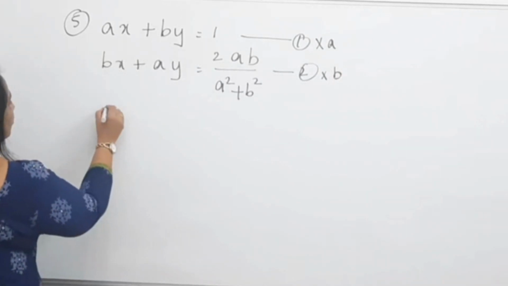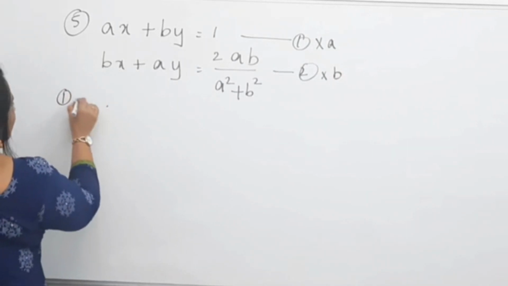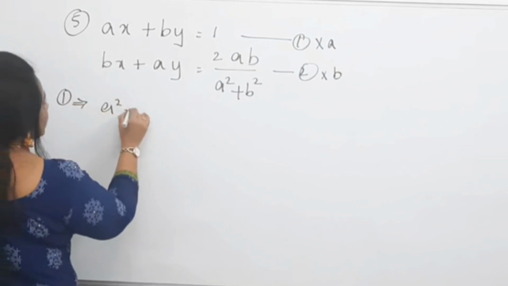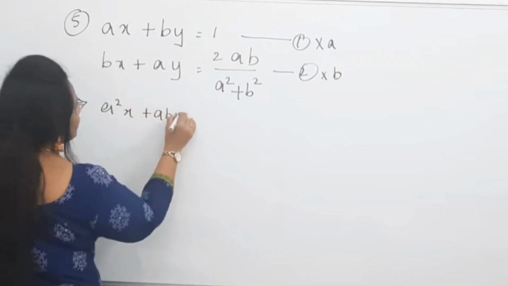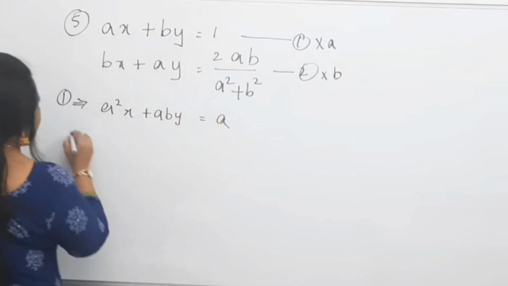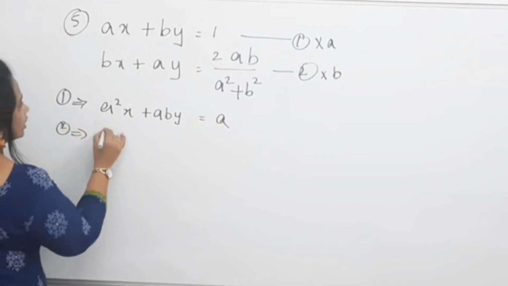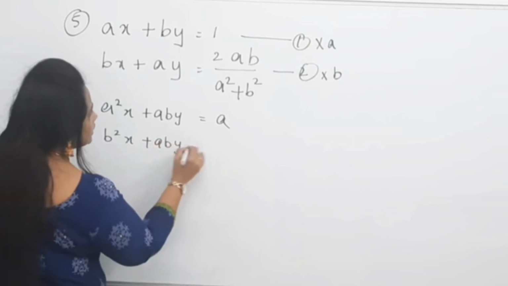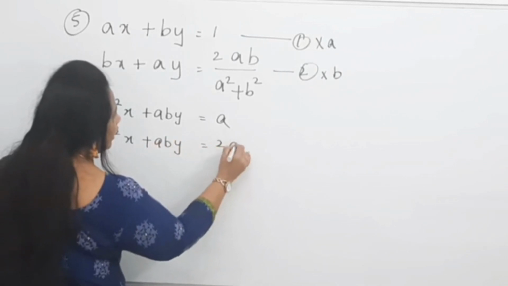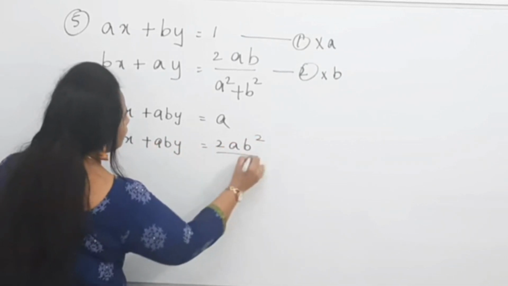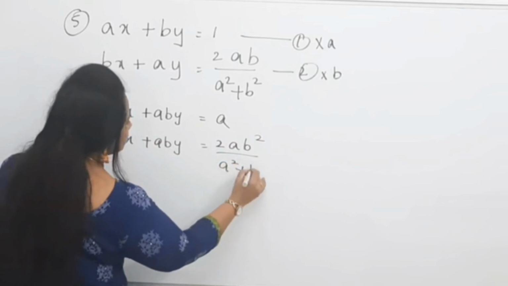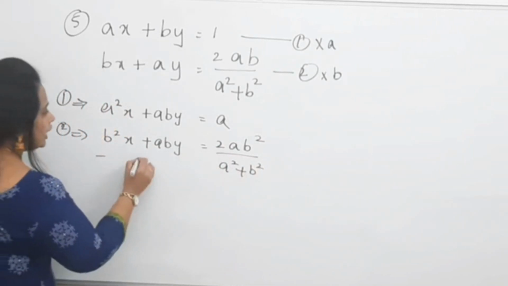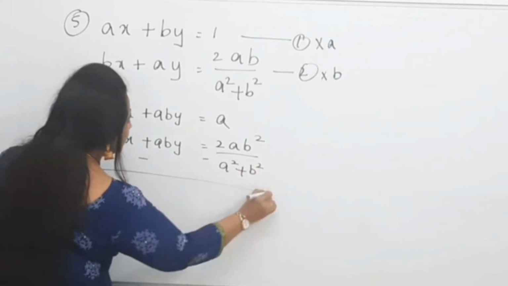So, I would have my first equation as a square x plus aby is equal to a, and the second equation becomes b square x plus aby is equal to 2ab square divided by a square plus b square. Now I'm going to change the symbol. No other way to do it.